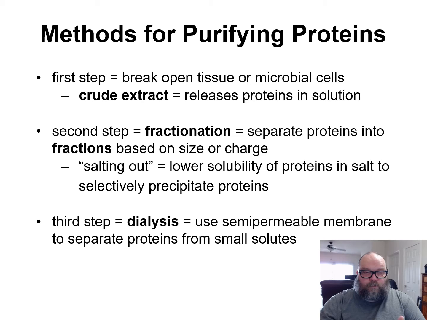Next, you're going to do what's referred to as a fractionation. You're going to separate the proteins into fractions, into little subsets, based on many different methodologies. A good one is what's referred to as salting out. You make a protein salt.